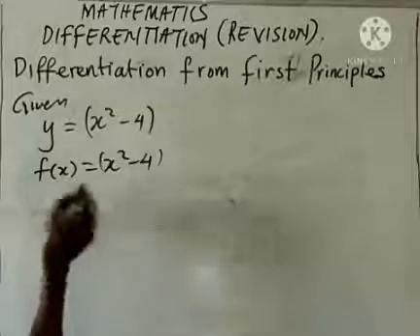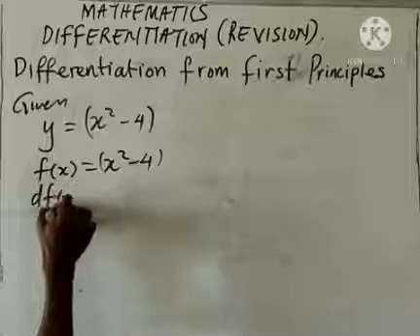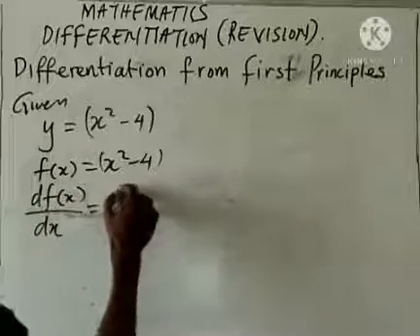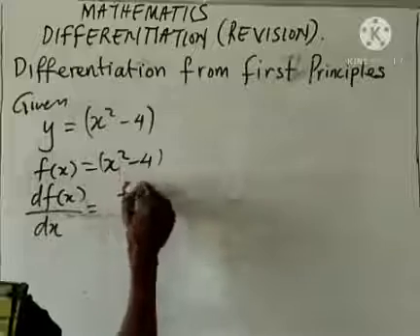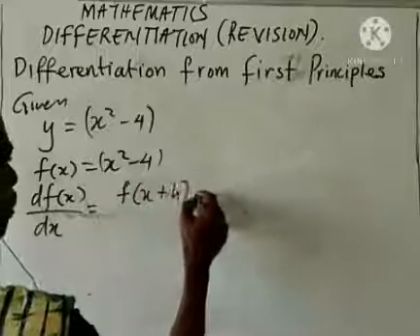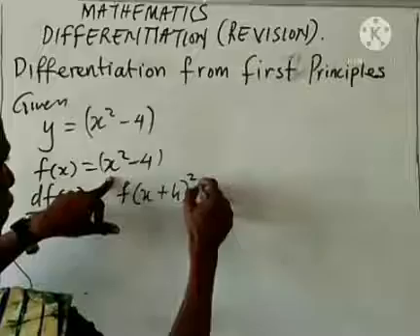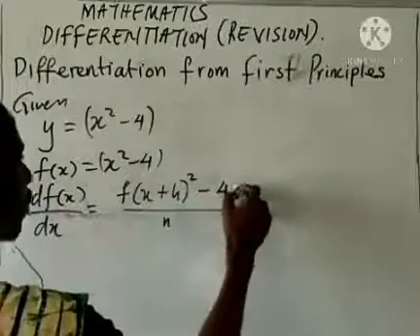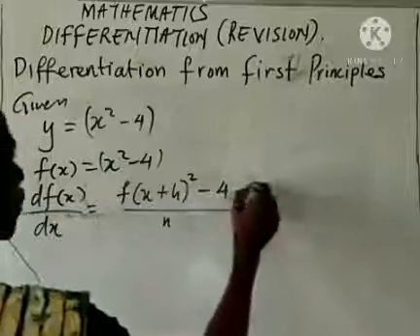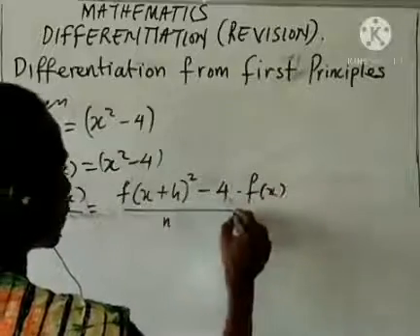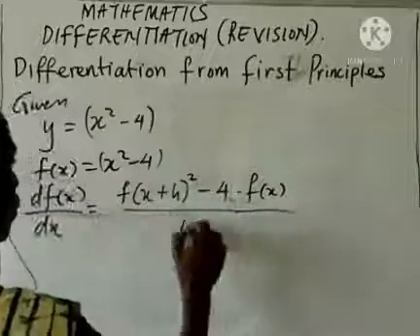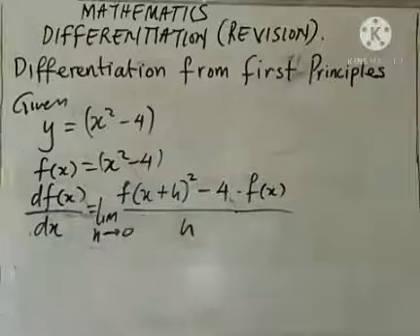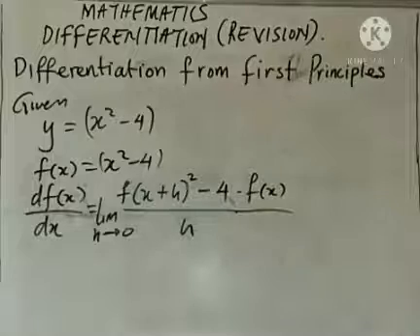Meaning, considering the addition of the change in x, df(x)/dx is f of x plus h, which is x plus h squared minus 4, then minus f of x itself, all over h, where we will be limiting the value of h to 0.